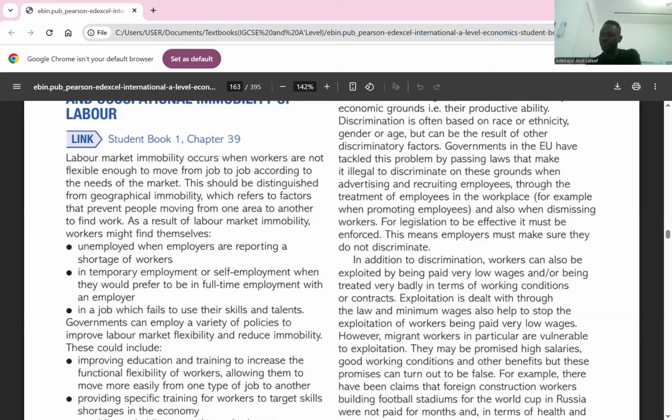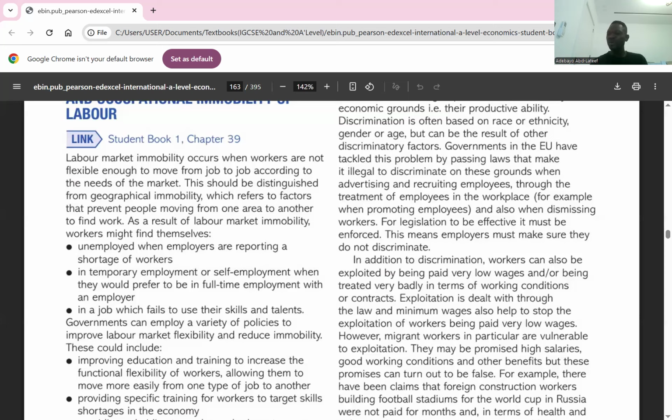And the next one, enhanced job market information. So some people do not move because they lack information. So government may provide a coordinated nationwide database of job vacancies to ensure workers are aware of all available opportunities regardless of location. So government can provide a database that allows unemployed workers to know about all vacancies irrespective of the location.